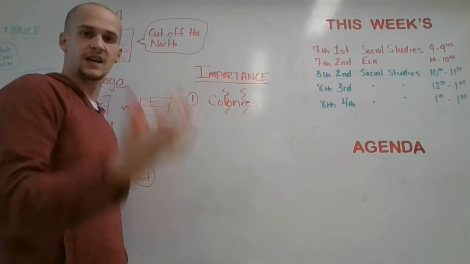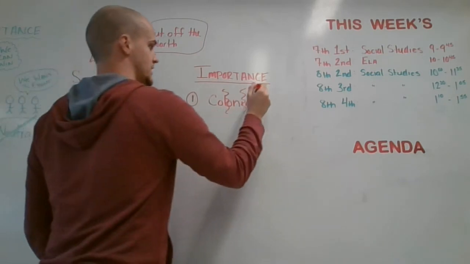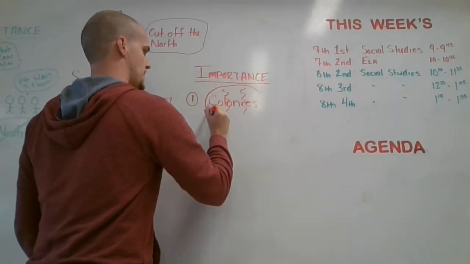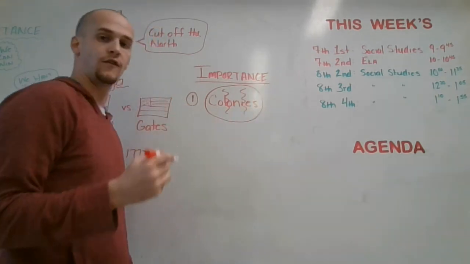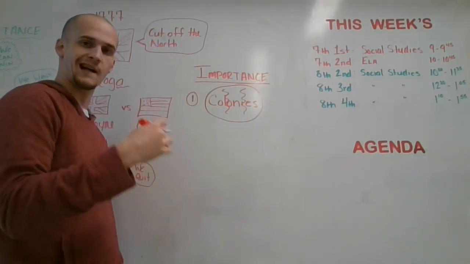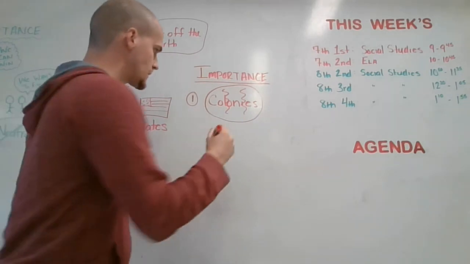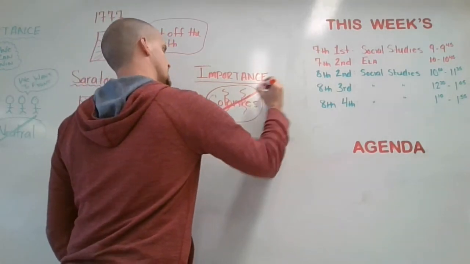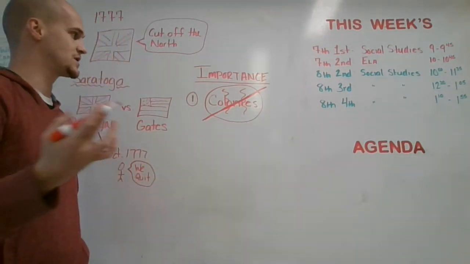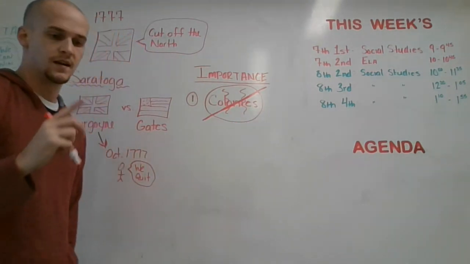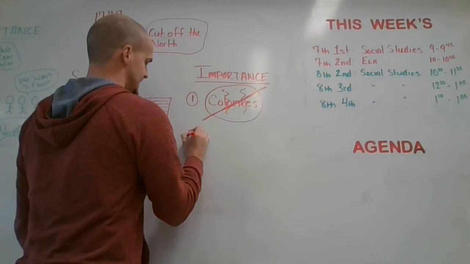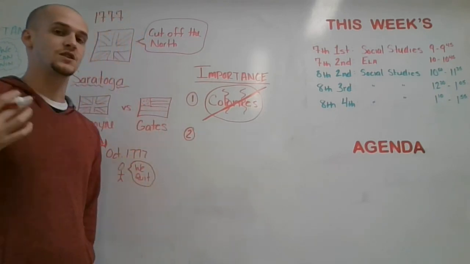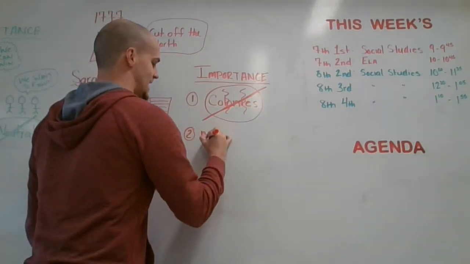If you could divide the colonies, you could depend on the loyalists to win the war for you, specifically in the middle colonies and in the south. But the opportunity to divide the colonies fails because he loses. The battle at Saratoga is lost. So that's importance number one. Importance number two isn't necessarily what happens at Saratoga, but what's happening while they're fighting.